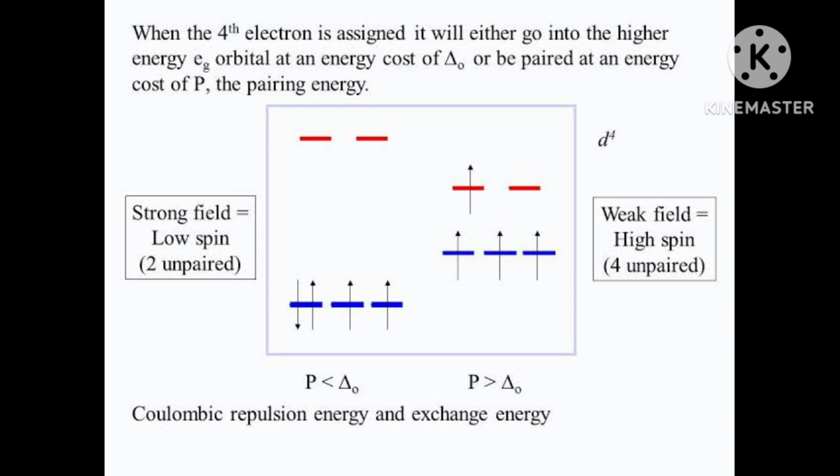In this case, some of the visible spectrum is being removed from the white light as it passes through the sample.